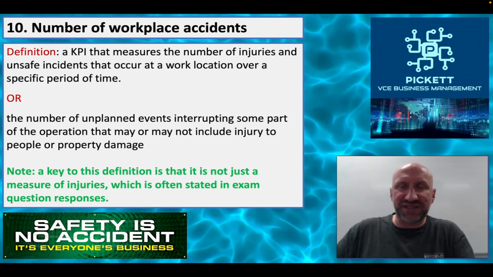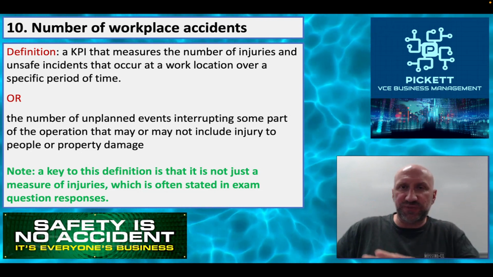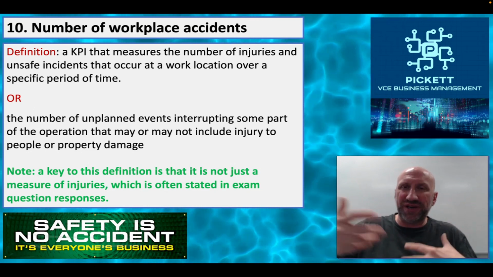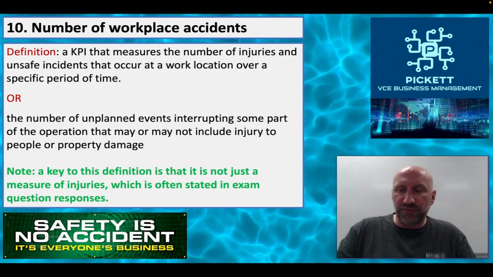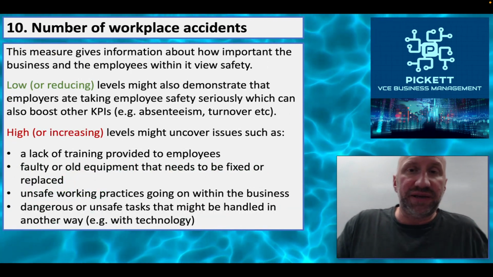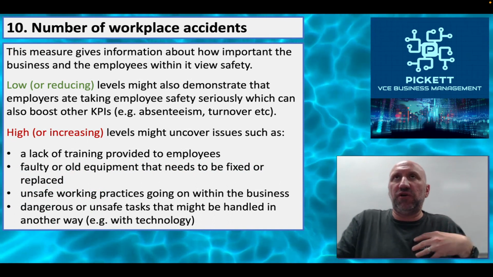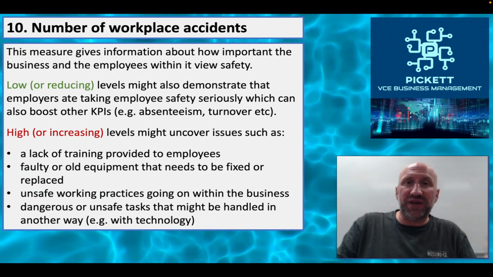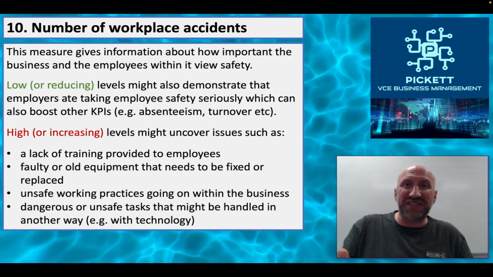And again, often that is stated in exam questions. So just be careful how you word this so you don't imply we're just talking about physical injuries to human beings, because it is broader than that. Okay. This measure obviously gives information about how important the business and the employees within it view safety. Are we taking safety seriously?